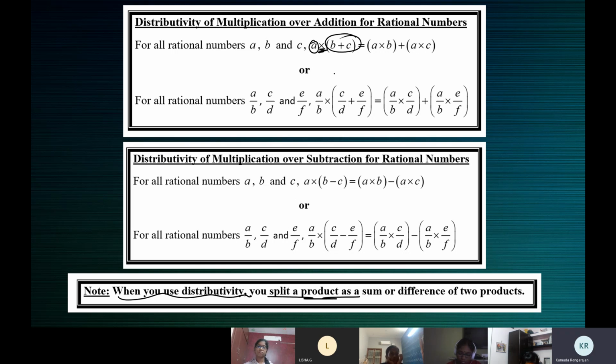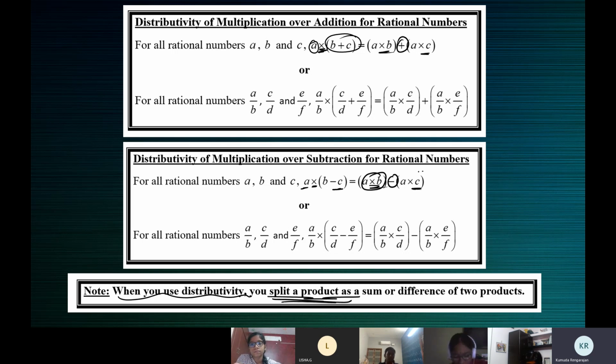Here also we have A and (B minus C) multiplied. We have a product, and we split the product as a sum or difference of two products.